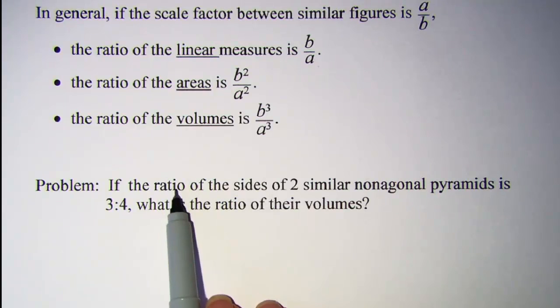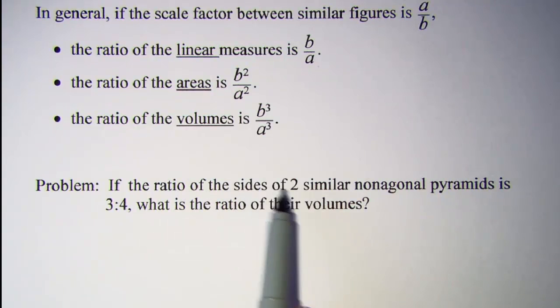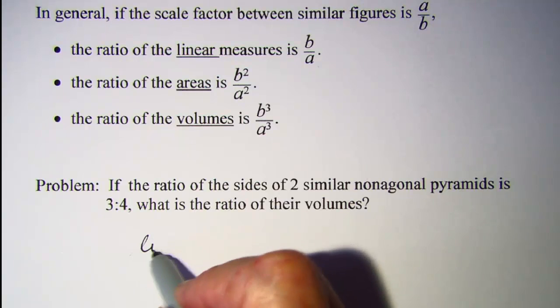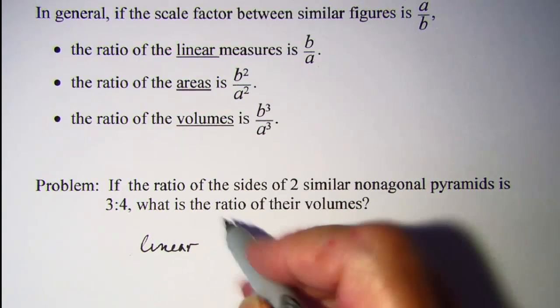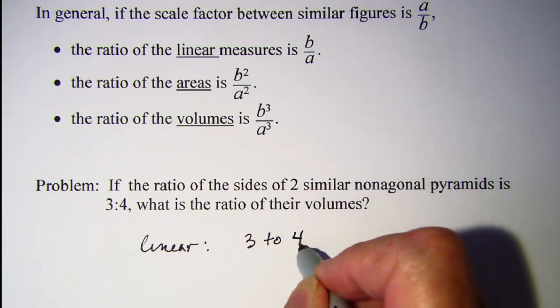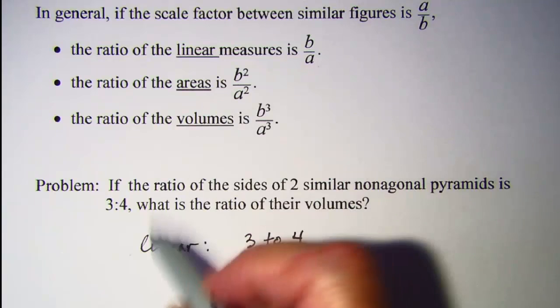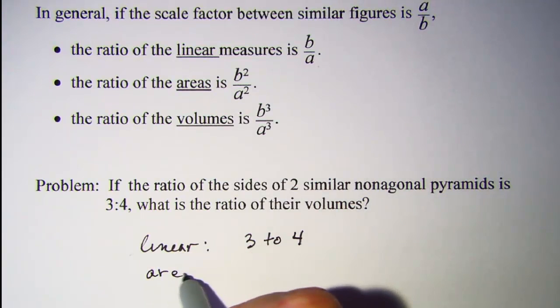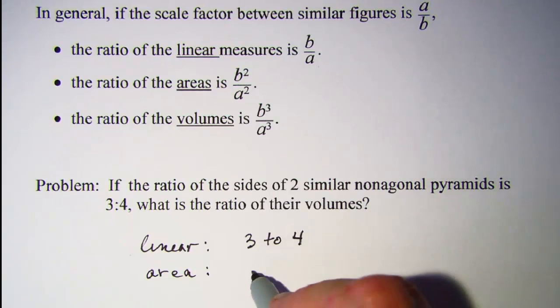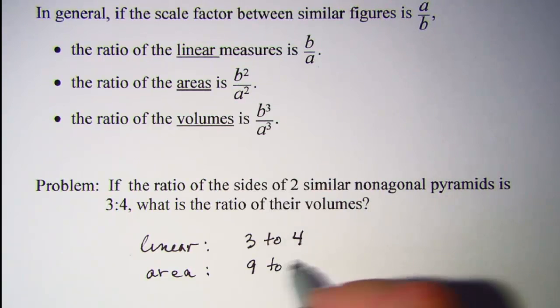So we're told that the ratio of the sides is 3 to 4. That means we're at this point. The linear measures are in a ratio of 3 to 4. That means that the areas will be in a ratio of the square of these numbers. So 9 to 16.